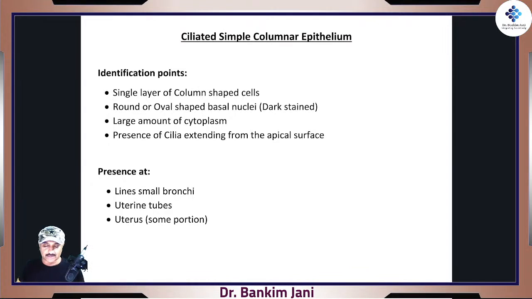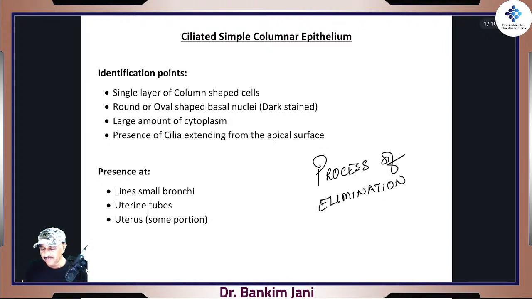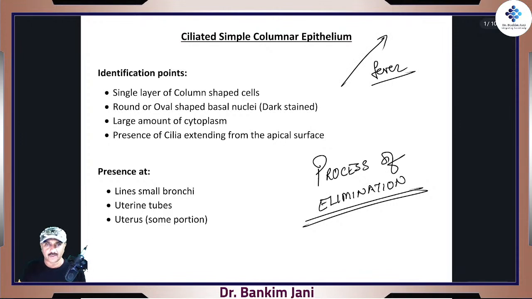The thing that is called the process of elimination. Process of elimination. Remember this. It means that if there is a kid, and that kid is having fever, but otherwise not a spikingly high fever, it is a very normal grade fever which goes away by giving paracetamol.